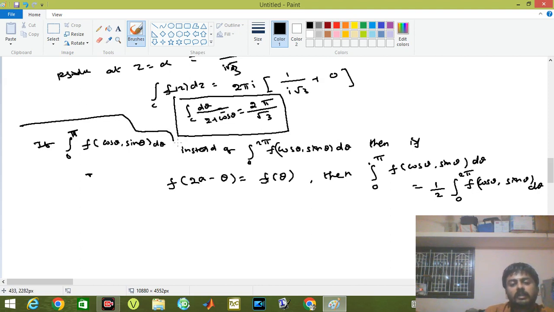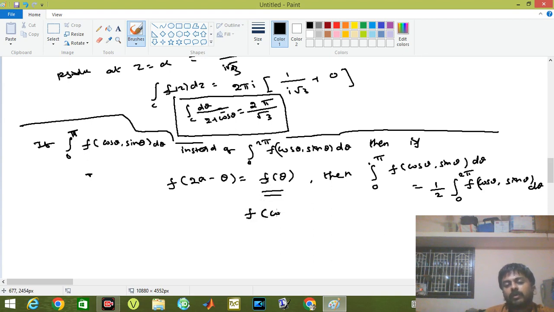This is one special occasion where instead of 0 to 2 pi you will have 0 to pi. See, listen, this f of theta is nothing but f of cos theta comma sin theta.